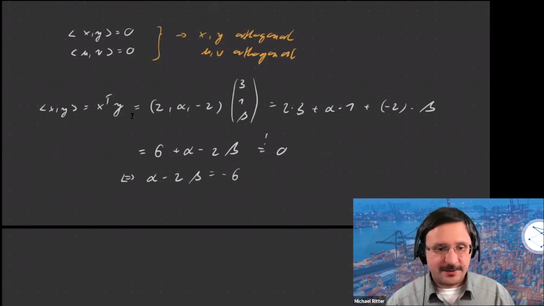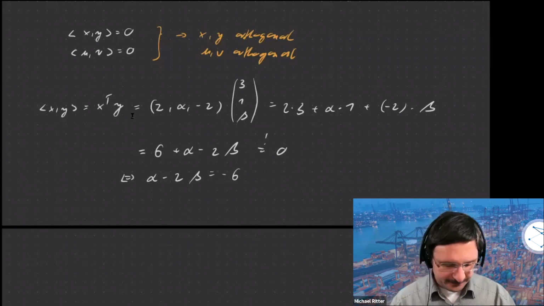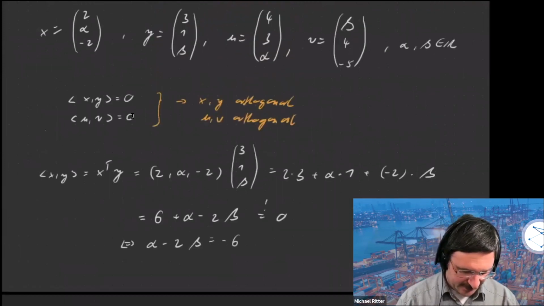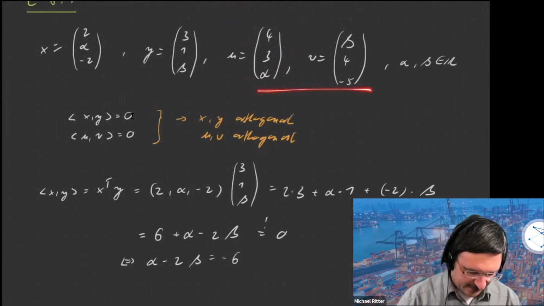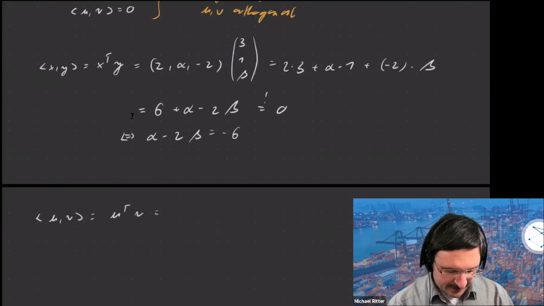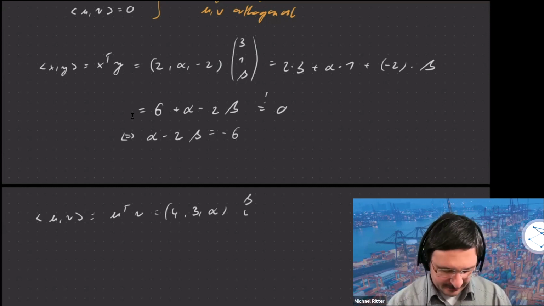And then we can do the same thing for u and v. So the scalar product of u and v, u and v are given here. Again, that is u transpose v, and that is (4, 3, alpha), and v is (beta, 4, -5).